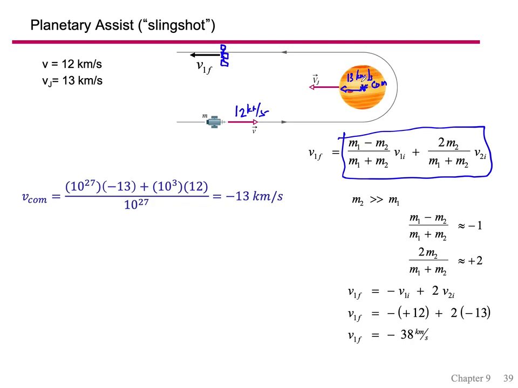The center of mass is still moving at 13, so it has to go 25 kilometers per second faster than that, or it has to be moving at 38 kilometers per second after this interaction, which is the same answer you get down here without all the horrible math. If you do this multiple times with multiple planets, you can get crazy fast speeds.